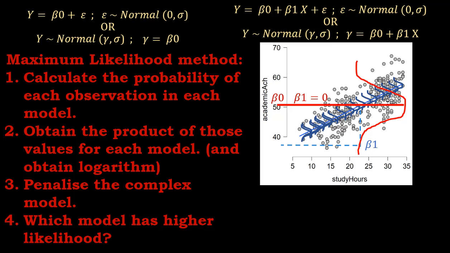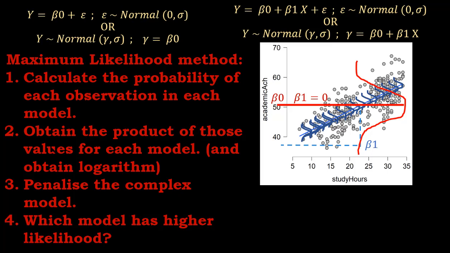So that's why you want a model that fits the current data well, but you don't want a complex model. We have to make this trade-off of how many parameters we use, because the more parameters we have, the better we are going to fit the data, but we don't want to overfit. So we need to penalize for using more parameters.